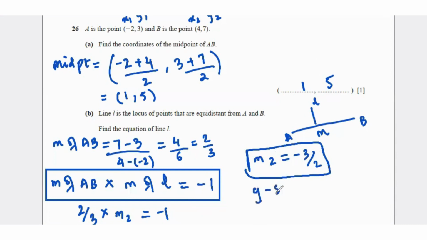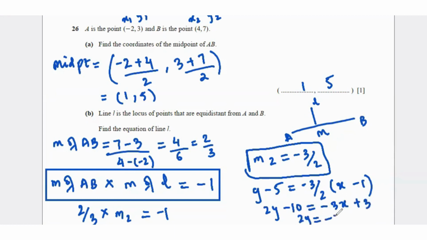So y minus 5 equals -3/2 times (x minus 1). Cross multiply to get rid of the fraction. So 2y minus 10 equals -3x plus 3, and 2y equals -3x plus 13. That is the equation of line L.